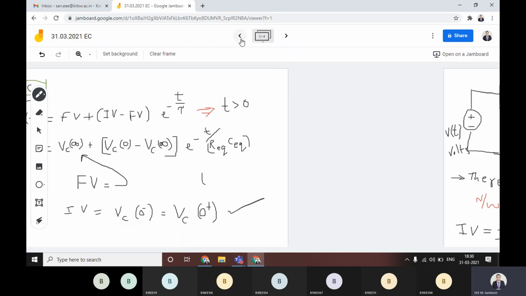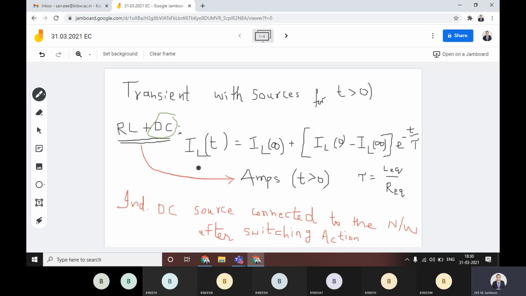The expression for finding this IL of t when t greater than 0, that means at steady state, when t tends to infinity. Let us understand. If t is at infinity, what is the value in this case?